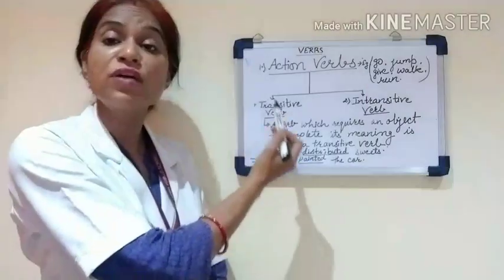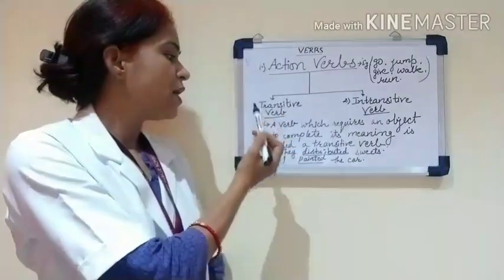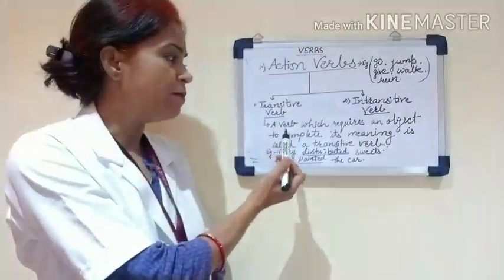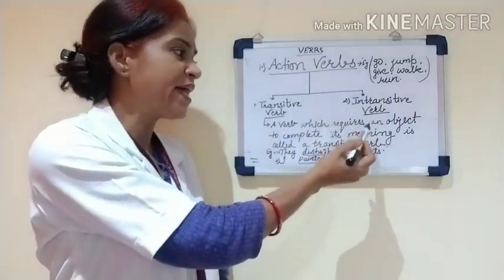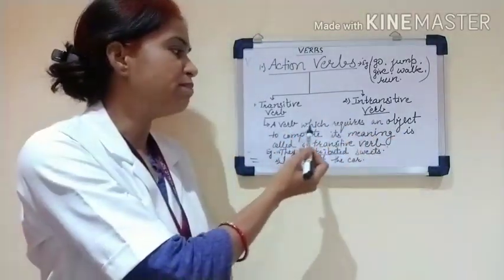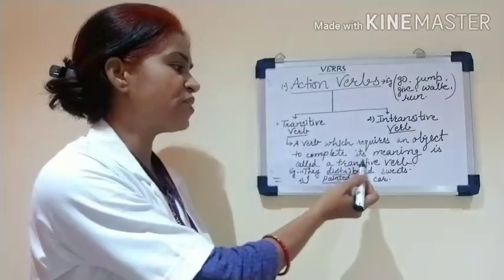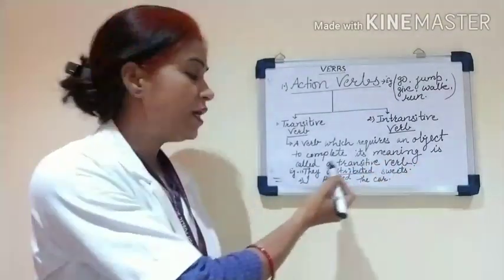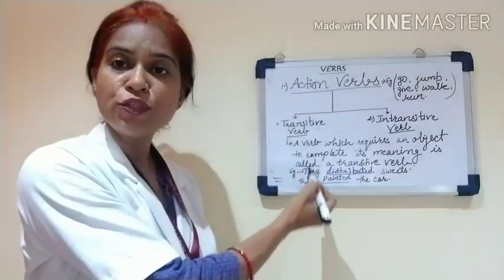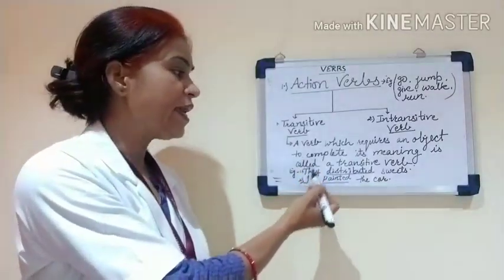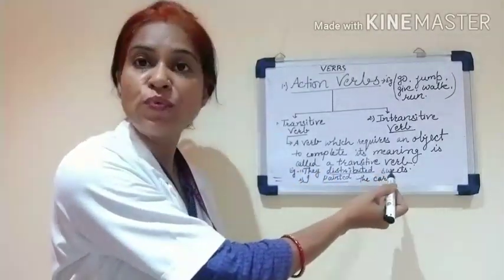What is transitive verb? A verb which requires an object to complete its meaning is called a transitive verb. Examples I am showing you here. They distributed sweets.